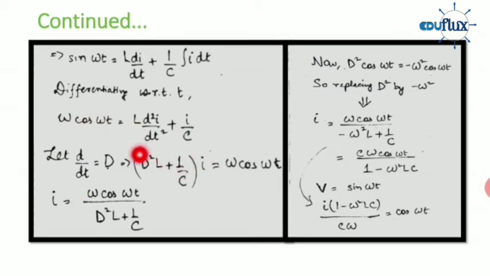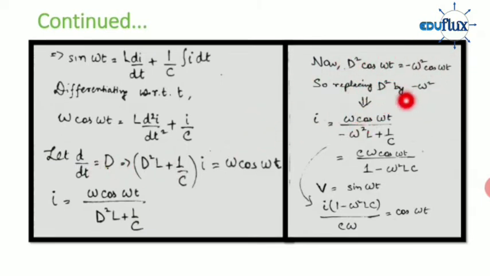Now rearranging, bringing it to the denominator, I equals omega cos omega t by d square L plus 1 by C. Now the second order derivative of cos omega t is nothing but minus omega square cos omega t.